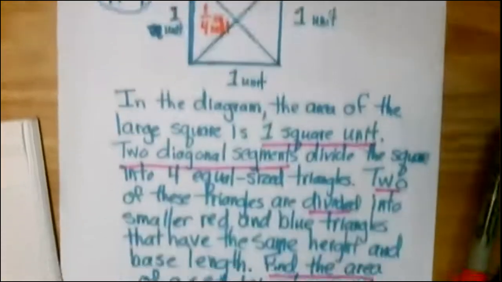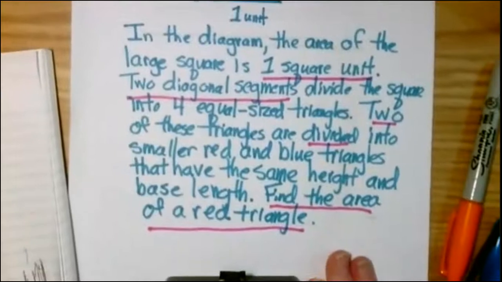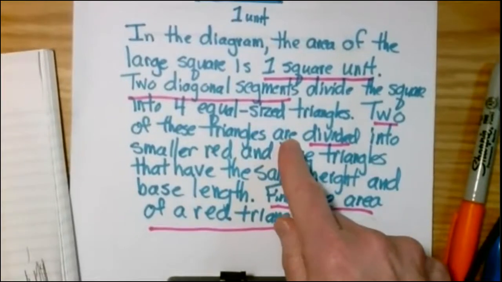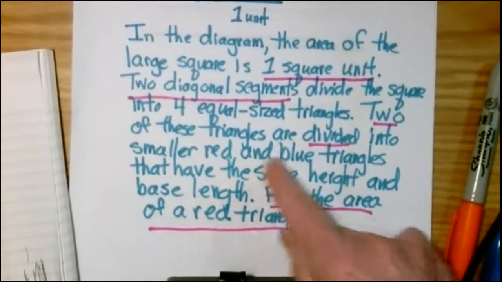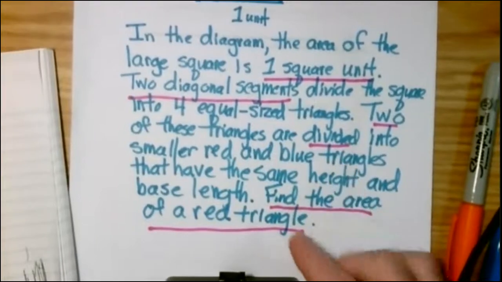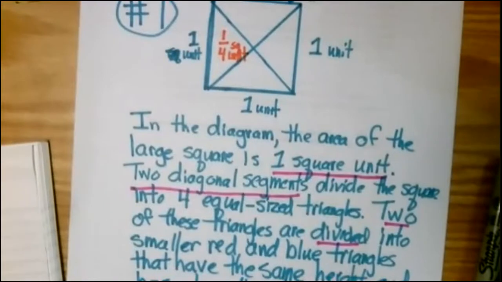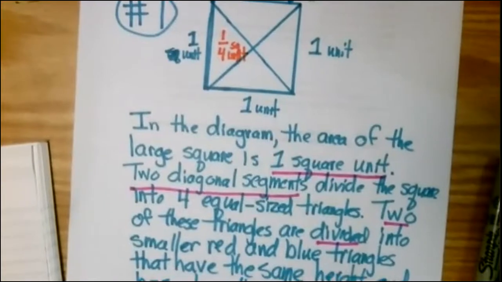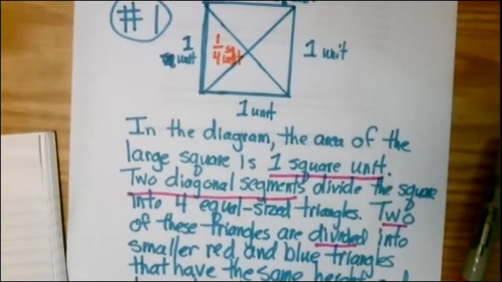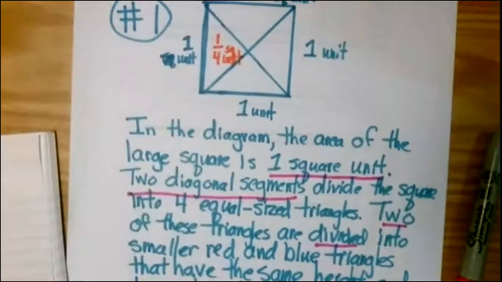Let's look down at our problem for a minute. 2 of these triangles are divided into smaller red and blue triangles. So 2 of these triangles, and let me look at the book here, what color they made red and blue. So there's 4, only 2 of them.